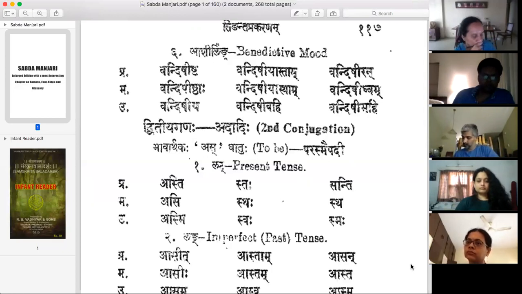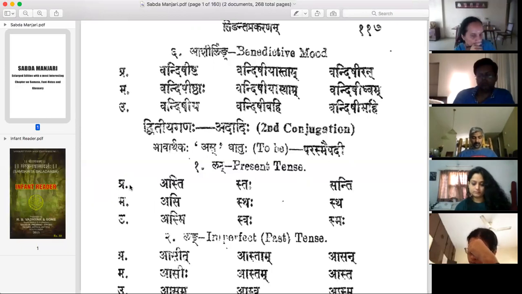So it is third person. So that's why on the left hand side it is written pra. Pra means prathama purusha. Ma is madhyama purusha.